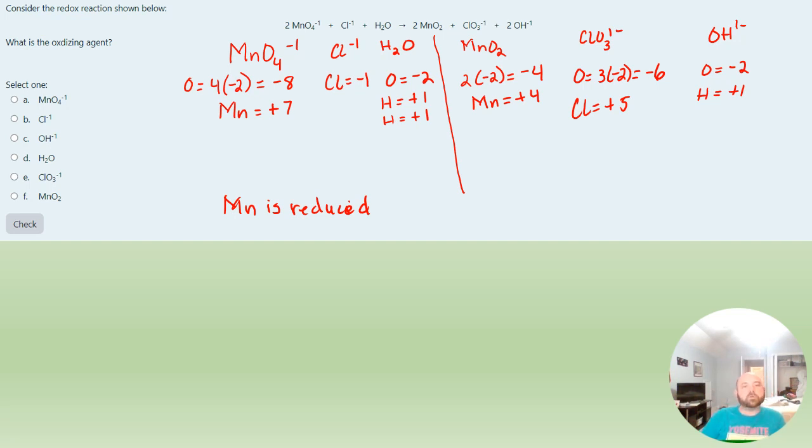If something is reduced, something else must be oxidized. The only other change that we see in oxidation number for each atom here is the chlorine. Chlorine goes from -1 to +5.